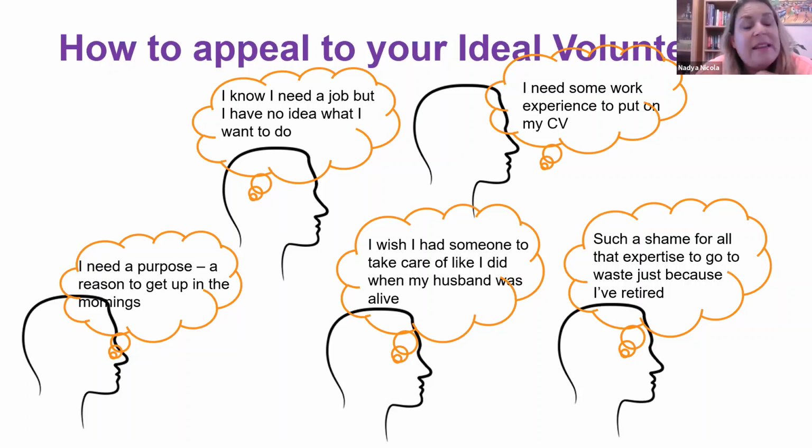That would be in the benefits section of your advertisement, but it also goes far beyond the benefits section, because it comes into the whole fabric of the advert. The way you describe the organization, the way you describe the job role, all the words that you use in this ad need to be geared to attracting the person that you've already decided is the one that you want, as per the previous slide.